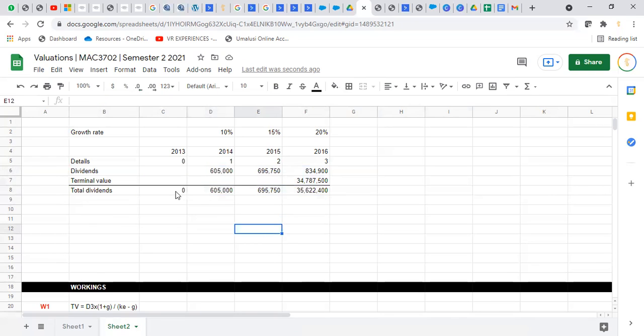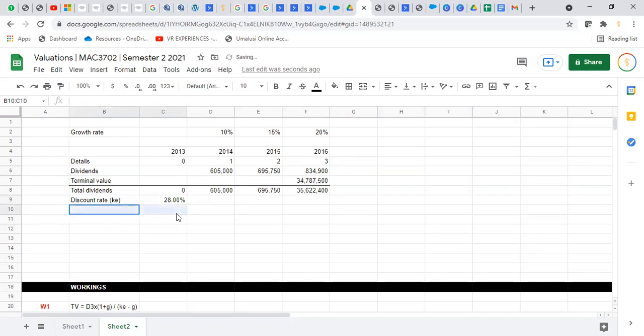So in order to take these future cash flows and get a value today, we have to discount these future cash flows using an appropriate discount rate. The appropriate discount rate for dividend growth is cost of equity. Okay, so remember that the appropriate discount rate for the dividend growth model is cost of equity. The appropriate discount rate for free cash flows is WACC. Very important. So the discount rate, cost of equity, is given to us as 28%.